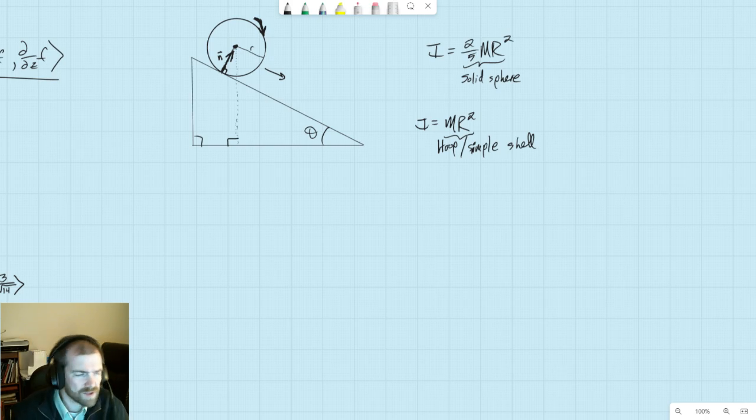This is what's really weirding me out though. So you've got the inertia equation for the solid sphere. And then you've got the inertia equation for a hoop. And then that's it. There's nothing else here.